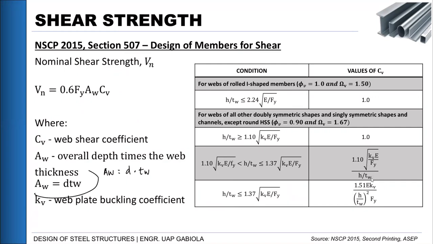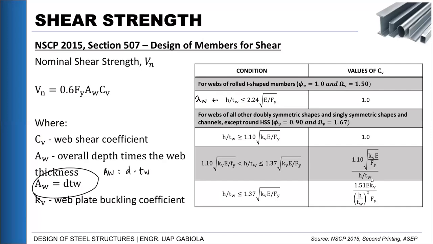Ayan na pala, nakasulat na pala doon sa baba. Then yung Kv natin is web plate buckling coefficient. So ang unang kailangan natin i-satisfy is to get yung ating gamma, yung h over tw, ito yung width to thickness ratio ng ating web.